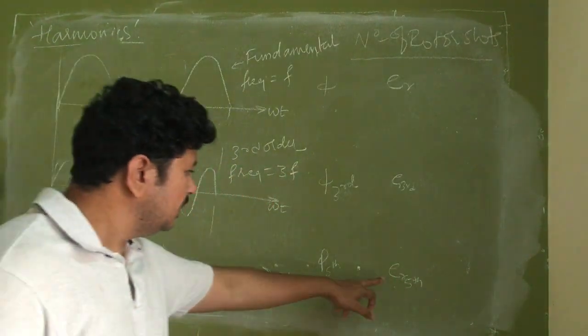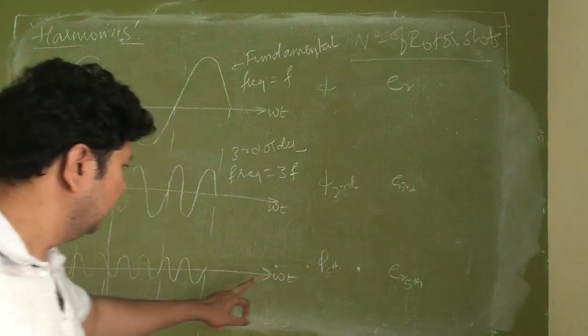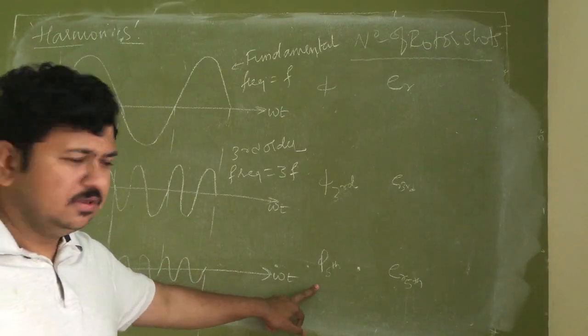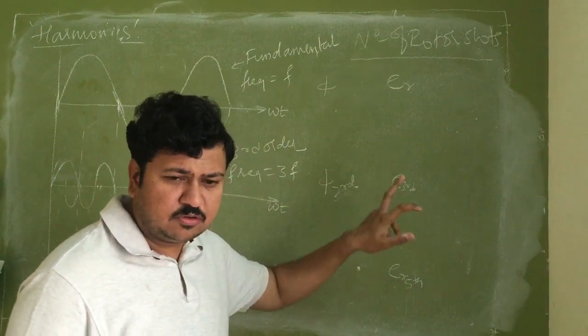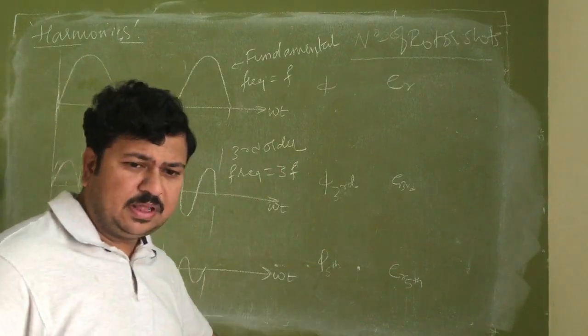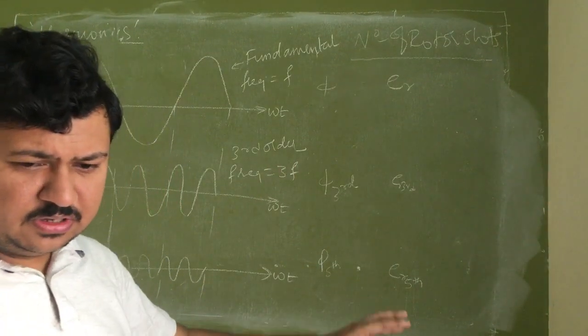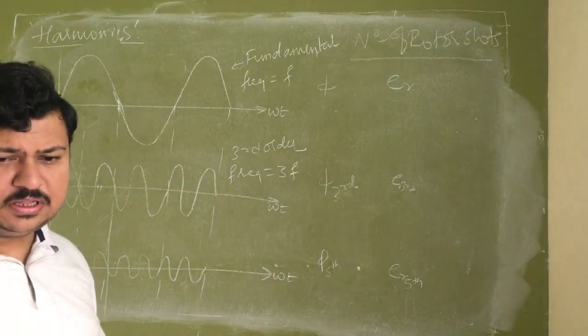This is harmonically induced EMF having a frequency equal to 5 times the fundamental frequency. This third harmonic induced EMF has a frequency equal to 3 times the fundamental frequency. Likewise, 7 times fundamental frequency induced EMF, 9 times fundamental frequency induced EMF. So we will be getting this kind.